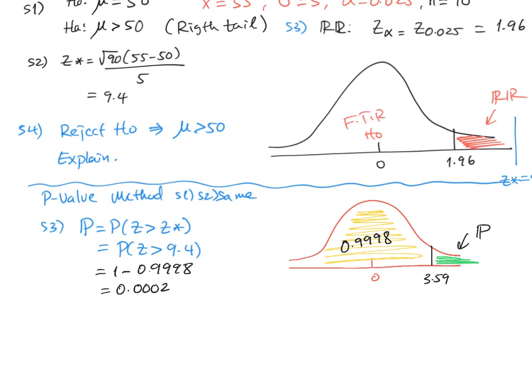Now, if you use the calculator, it's going to give you the precise value, but it's going to have so many zeros that it can be crazy. So if it goes over 3.59 or even 3.5, just use this value. Otherwise, you use the calculator, this will be a normal CDF, and this is a 9.4 and 1000. So did anybody do that? What did you get?